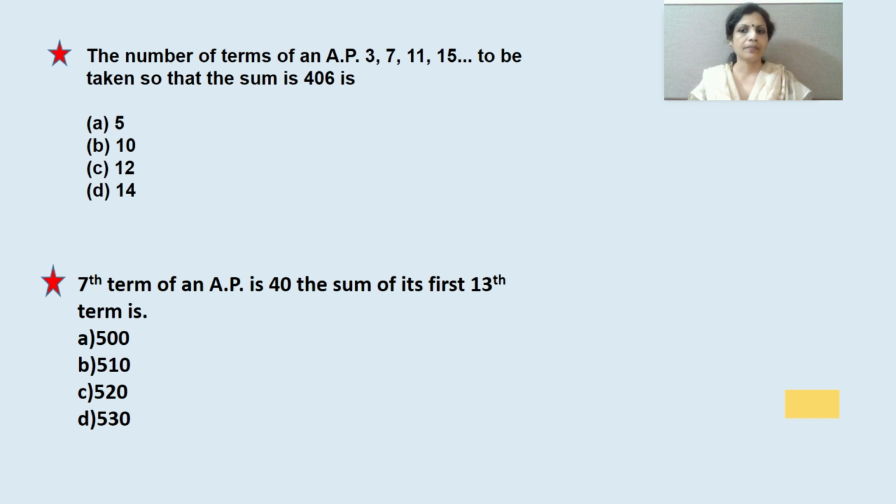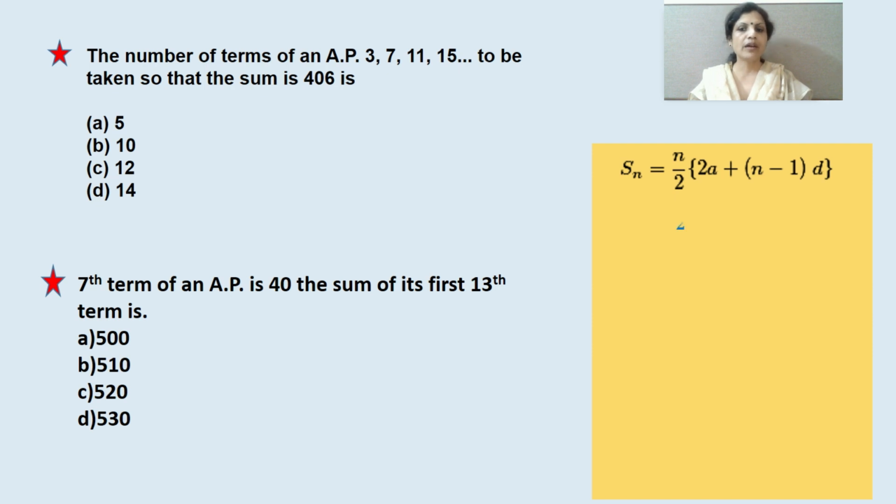Let's see. Now for the sum, our formula is Sn is equal to n by 2 in the bracket 2a plus n minus 1 into d. The sum is equal to 406. What are we asked? The number of terms, that is n, should be how much so that the sum of the terms in the given AP is 406.